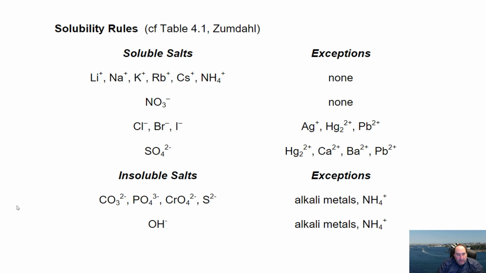And let's say, why don't you write the molecular equation, the total ionic equation, and the net ionic equation for what happens when we put together iron 3 chloride and sodium sulfide.